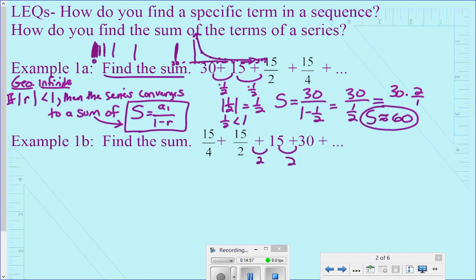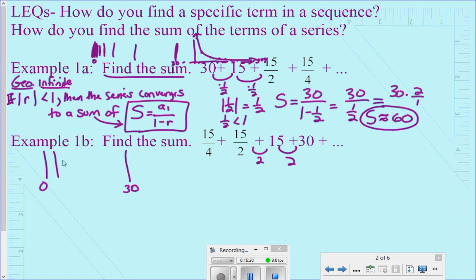Okay. And in terms of our demo, here's 0 and here's 30. So if I am starting at 15 fourths, I'm starting about here, right?